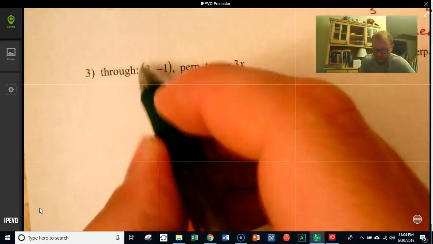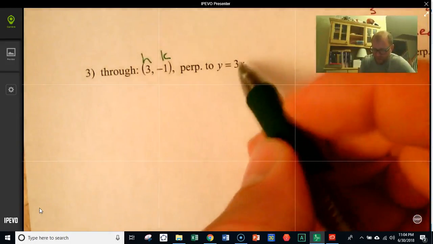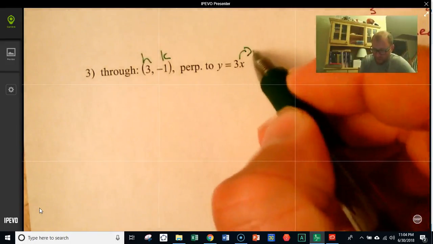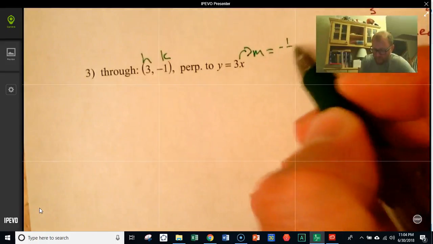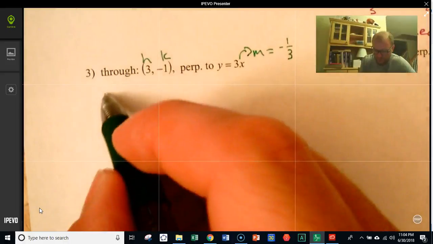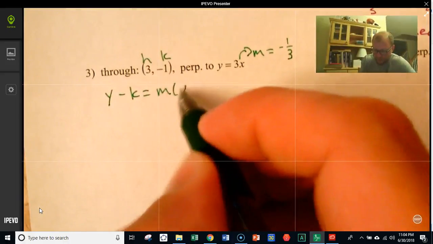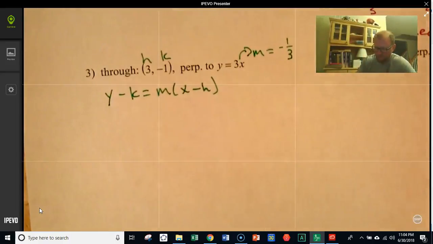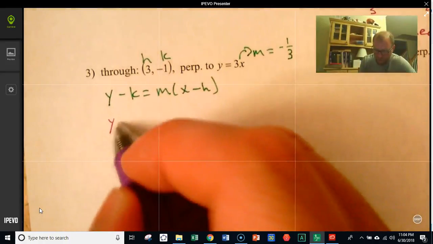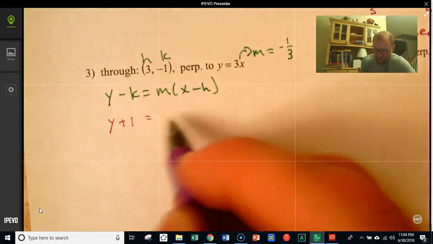Okay. Next one. Here is our h, here's our k, and our slope, m, will be negative 1/3. So we have y minus k equals m times x minus h. So y minus, it's going to be minus negative 1, which is plus 1.